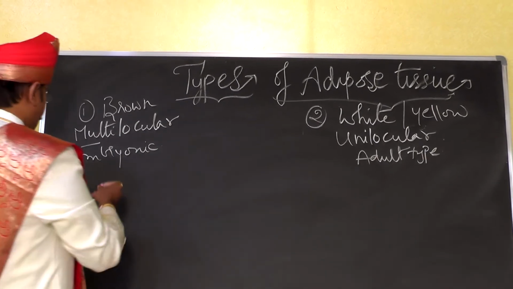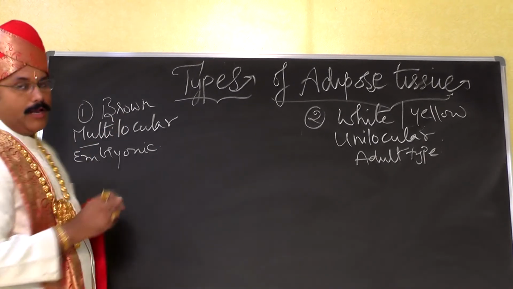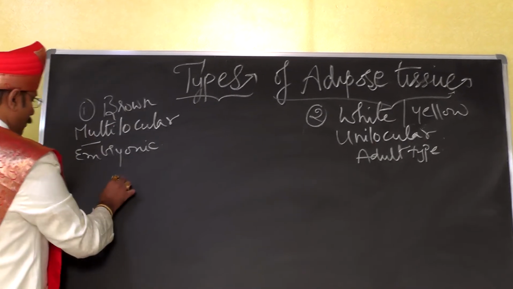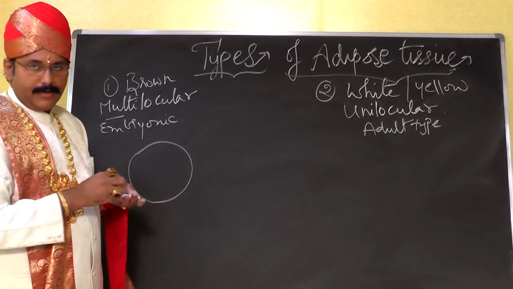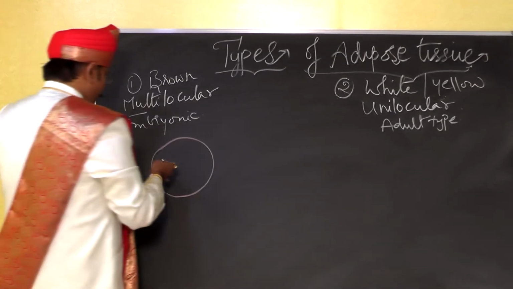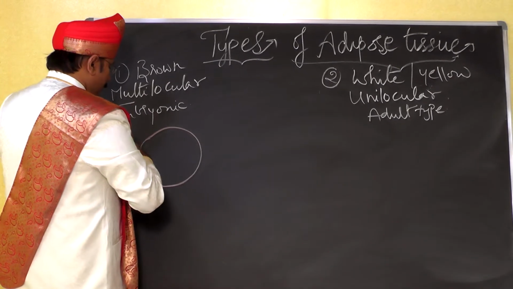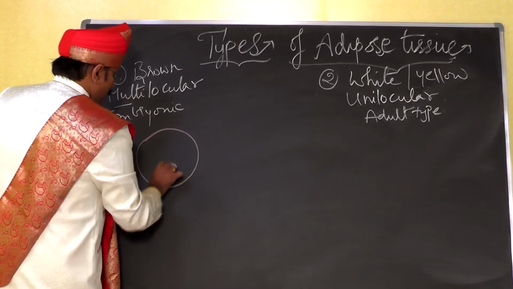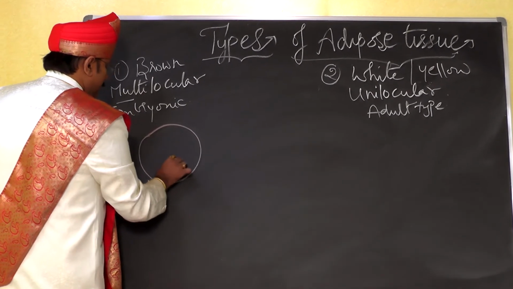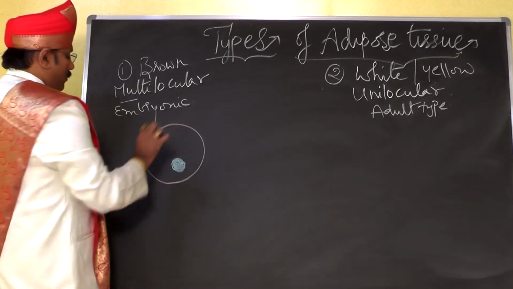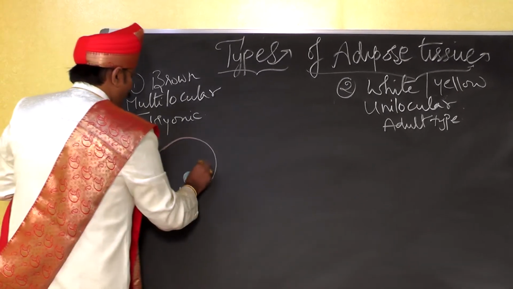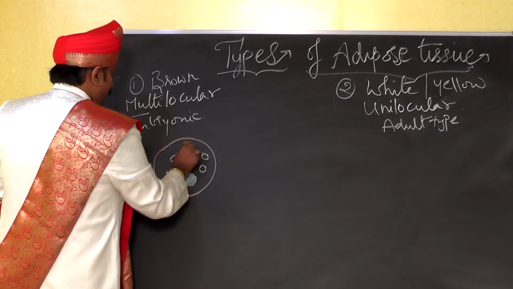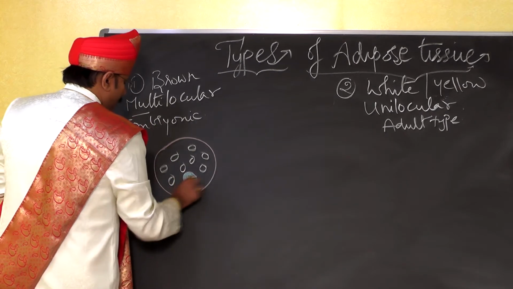If you look at this brown or multilocular adipose tissue, here we have a fat cell. In this cell we have a nucleus. The nucleus is rounded but not in the center, round or oval, whatever you say. Surrounding it you have lots of fat droplets.